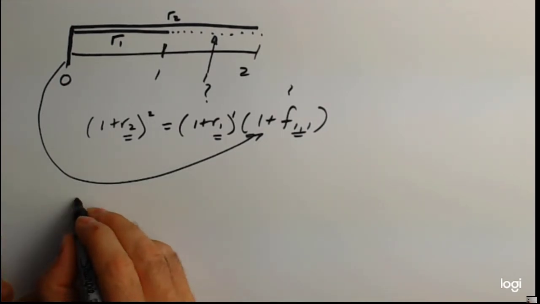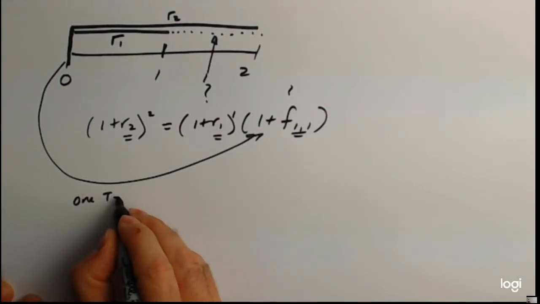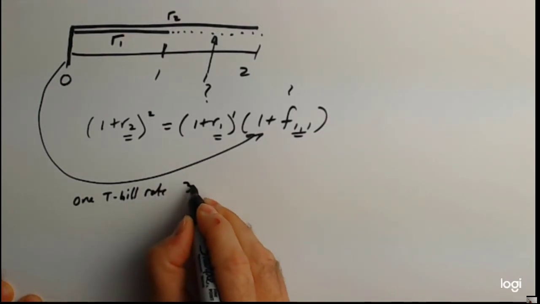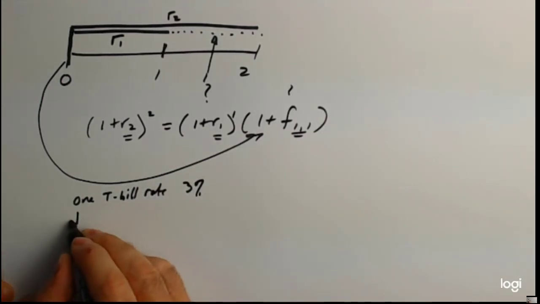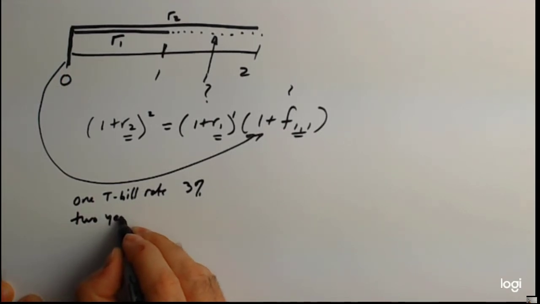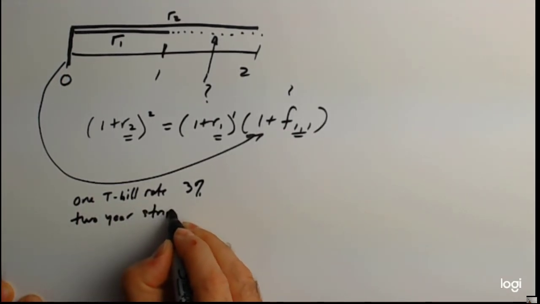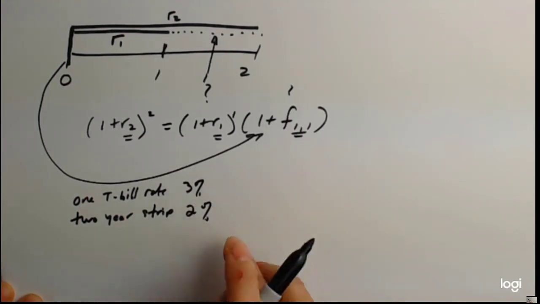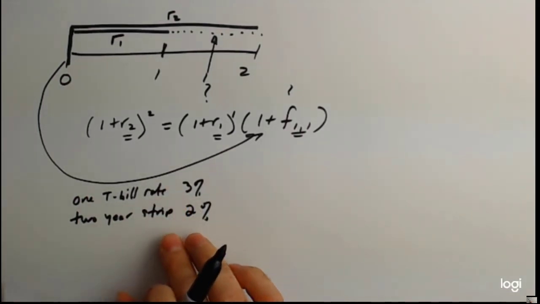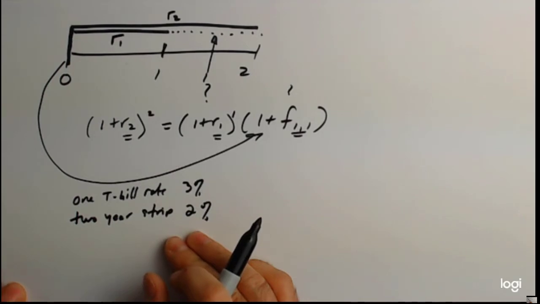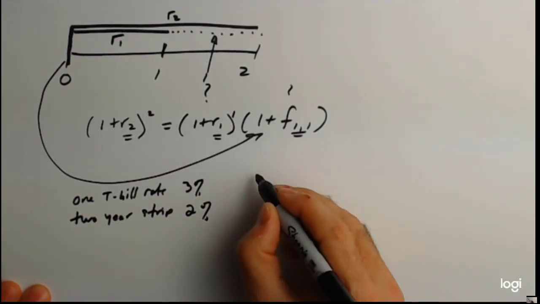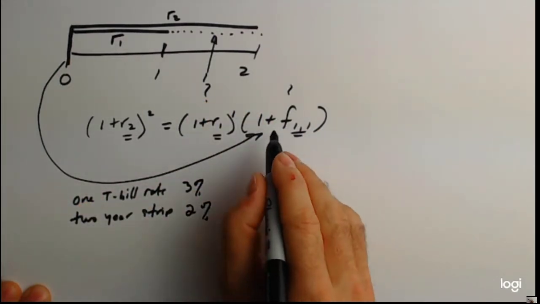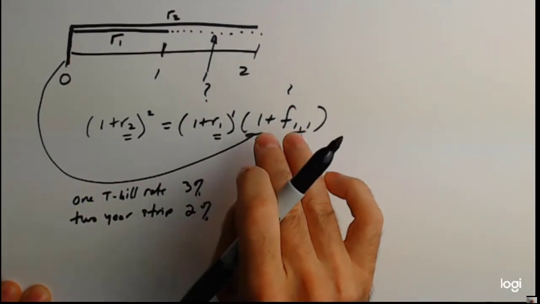Let's say we have a 1 year T-bill rate, and let's say it's 3%. And let's say we have a 2-year strip, and let's say that 2-year strip is 2%. These are both zeros, remember, so we're on firm footing at this point. And so what we want to do is look at it in terms of this math and try to figure out what this missing interest rate is.